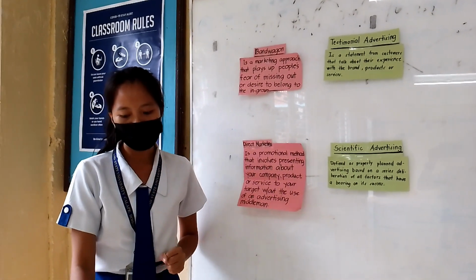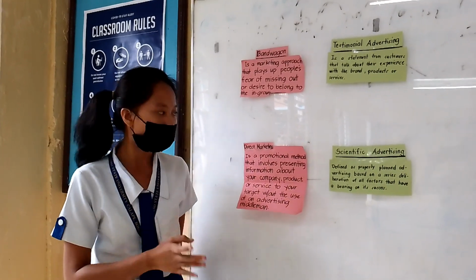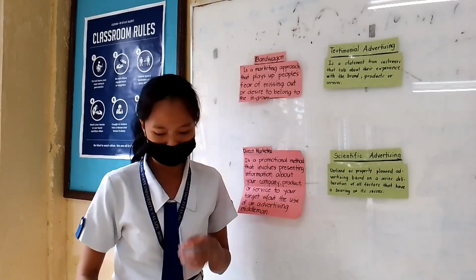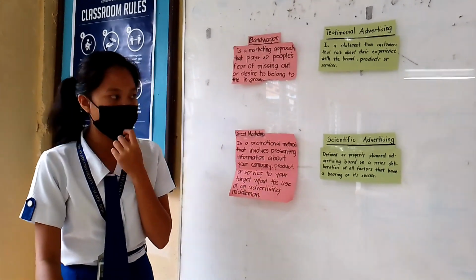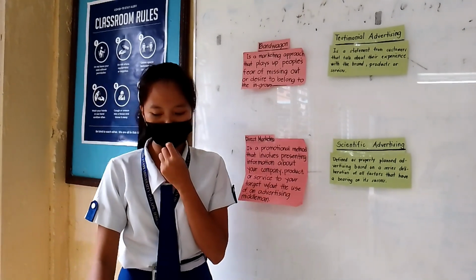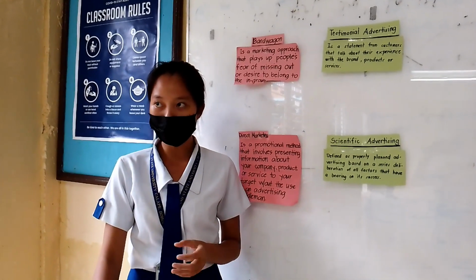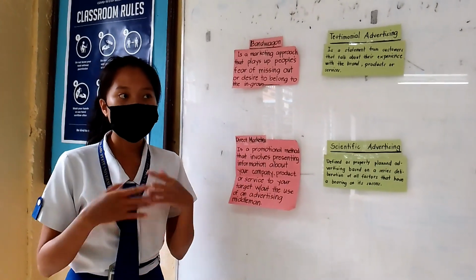So it requires enormous planning because it must be based on serious deliberation, of course. So it is based on the facts. So for example, based on lab tests, Domex is proven to destroy coronavirus in just 60 seconds. So, do you get me?